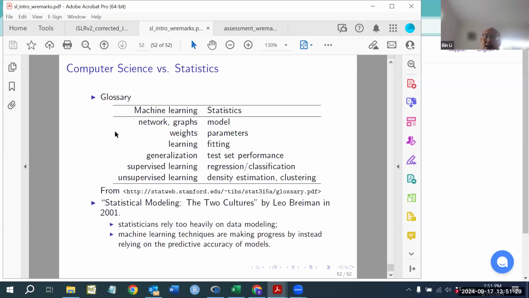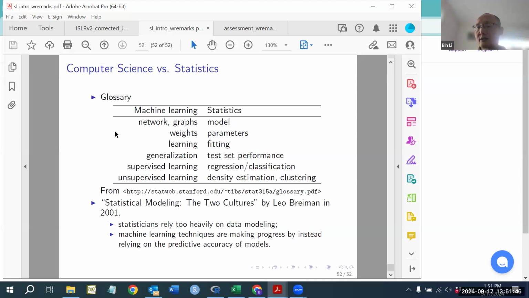Okay, so the last slide shows some different terms from the computer science area and the statistics area, which talk about the same thing but use different terms.